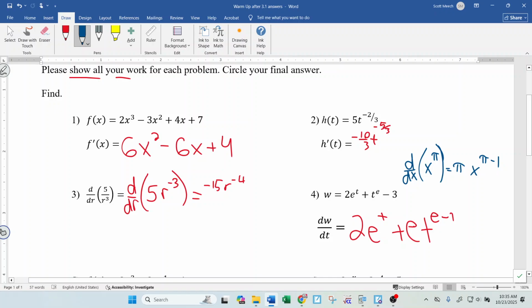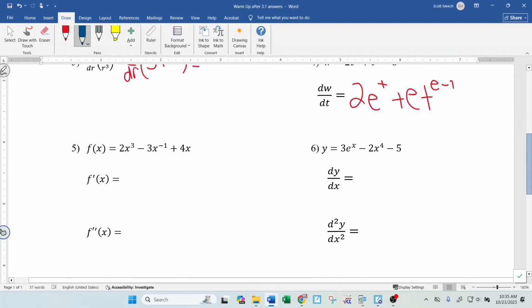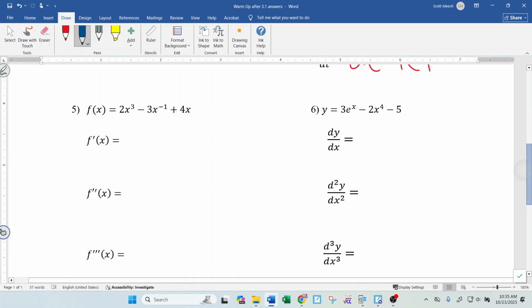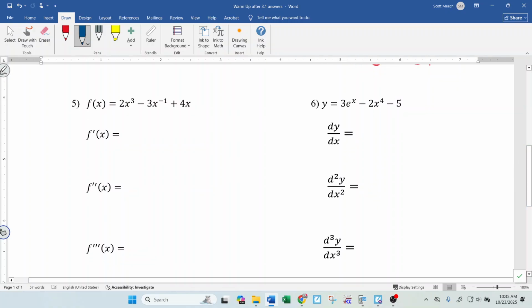As we look at these, I want to look at these right here. Notice 5 and 6. This is just first derivative, second derivative, third derivative.